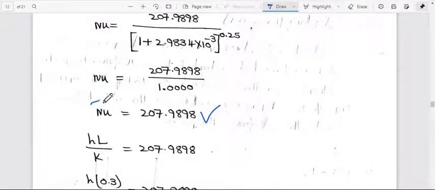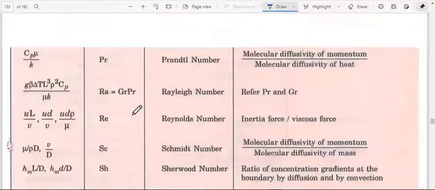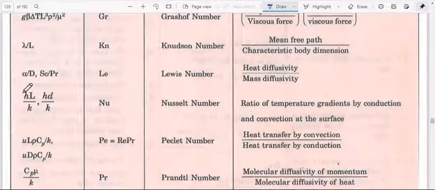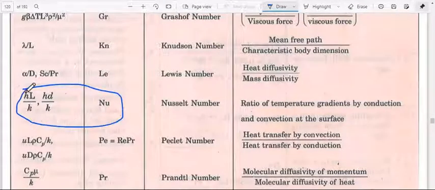What is the formula for the Nusselt number? In the data book page number 111, dimensionless parameters. Here the Nusselt number is equal to HL by K. This is for the flat plate and this is for cylindrical objects.